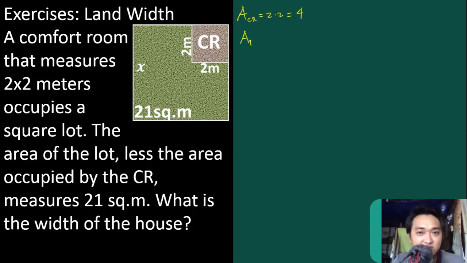The total area is represented by x squared. x squared minus 4. Bakit ganyan? Kasi si x squared dito, ito yung total area. Si 4 naman, siya yung area occupied by the CR. So total area minus the area occupied by the CR, ang pagkakasabi sa problem is measures 21 square meters.